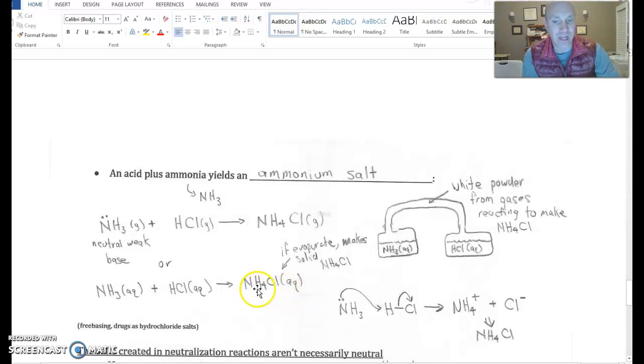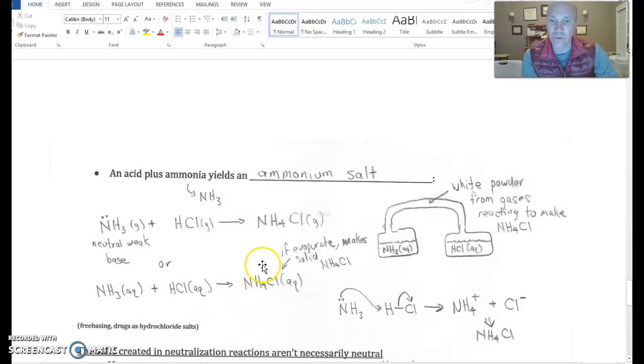Remember, when you have an ionic compound which is aqueous, what you actually have is just the free ions. If you wanted that solid white powder, which is pure ammonium chloride, all you would have to do is evaporate the water off, and it would leave that powder.